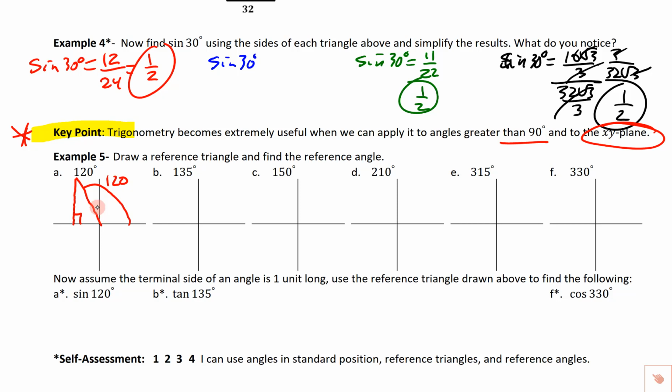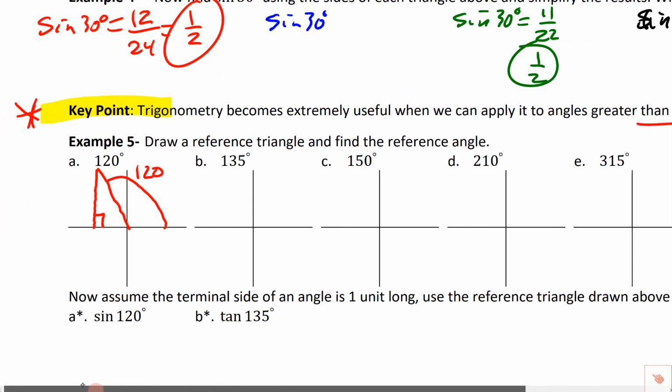So look at this for just a second, and can somebody tell me what is the measurement of the reference angle? It's this one right here. Somebody want to raise their hand and be brave enough to say it? Wilson. 60. It is. That's the reference triangle, and that's a 60-degree reference angle.